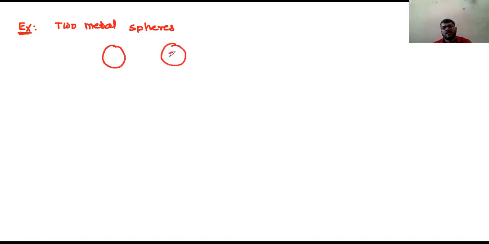Now, let's take one example of this: two metal spheres. This is the first metal sphere and this is another metal sphere. This one has charge Q2 and this one has charge Q1. What we did, we brought them in contact with one another like this.